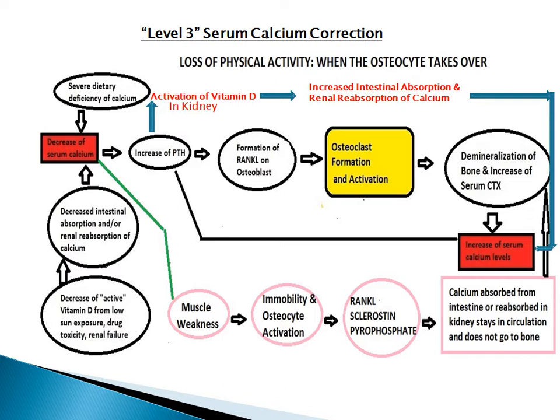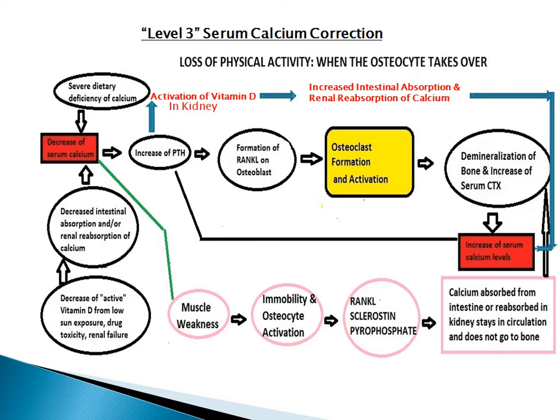So again, just to review this, when the osteocyte becomes activated, rank ligand secretion increases, more osteoclasts are formed, and sclerostin is produced. Now, sclerostin inhibits osteogenesis. It inhibits the osteoblast. So the sclerostin itself may actually stimulate the rank ligand production.